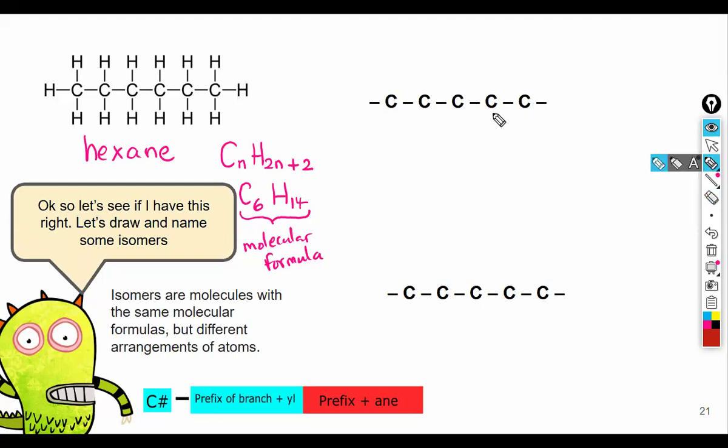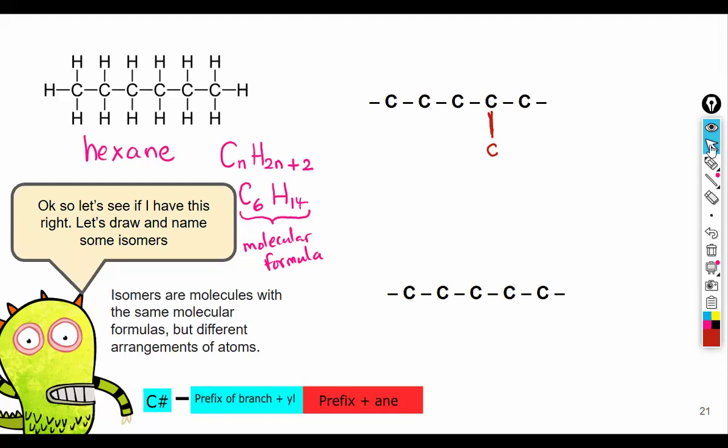I just want to draw the branch a little bit longer. You'll see why just now. I still have 6 carbons. Now, remember the rule. All carbons in organic chemistry must have how many bonds attached to them? Not 3, it's 4.